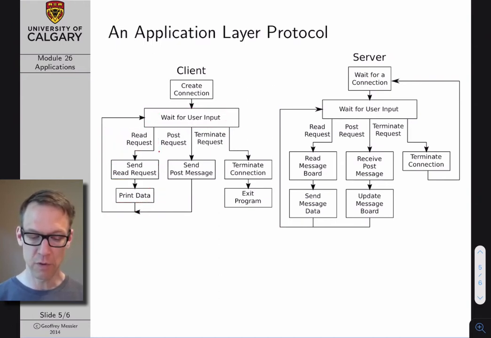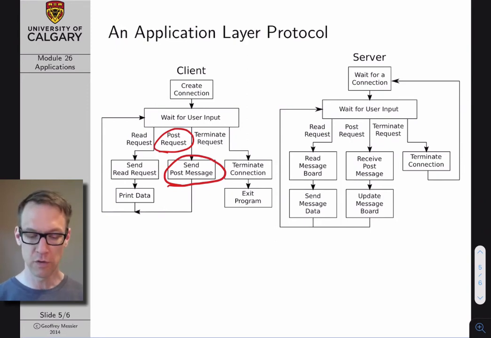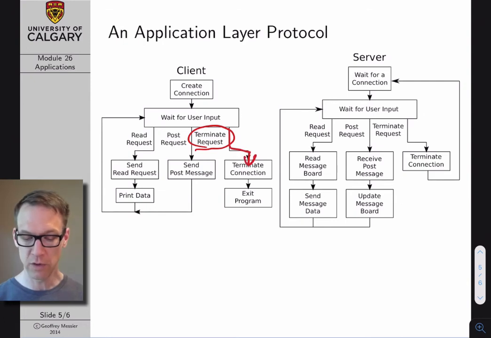If the user requests to post a message to the message board, we're going to send the post message from the client inputs to the server, and then go back and wait for more user input. And finally, if the user indicates that they want to terminate the connection, we terminate the connection and then we exit the program.